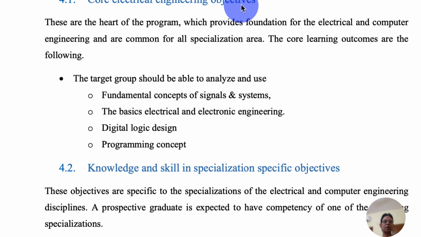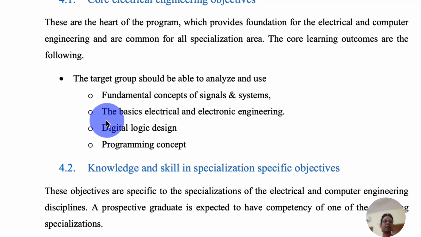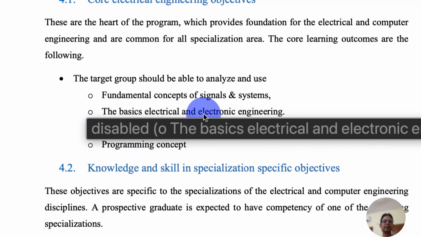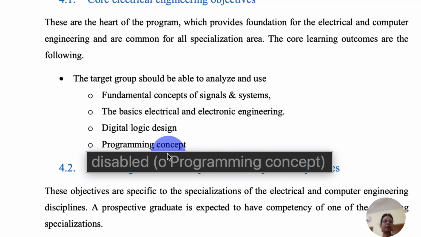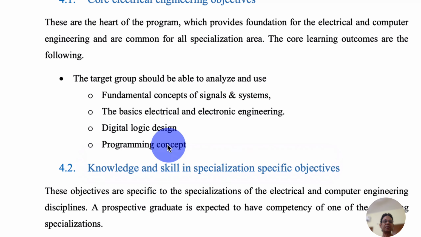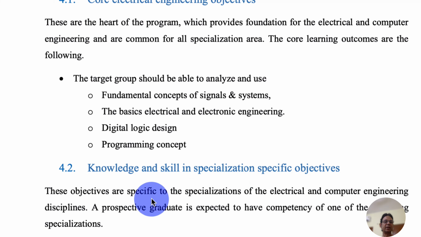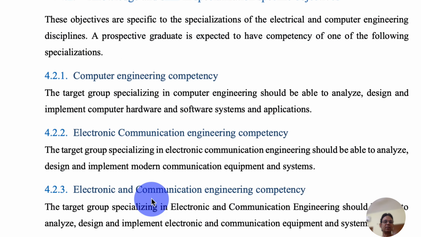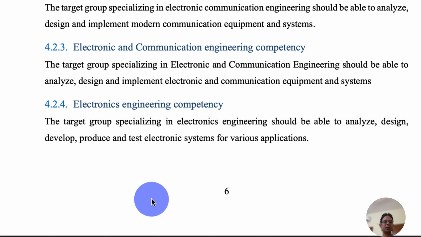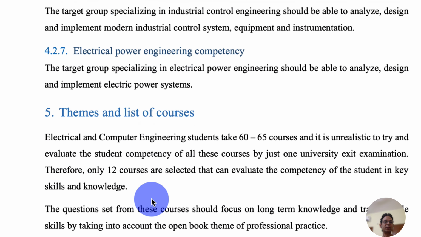So the electrical engineering course outlines are related to the fundamental concept of signal systems, basic electrical and electronics engineering, digital logic design, programming concept, and knowledge and skill in the specific objectives. So this is the knowledge skills in specific subjects. We can see the details further. So all target group specializations can be covered and are applicable for this.